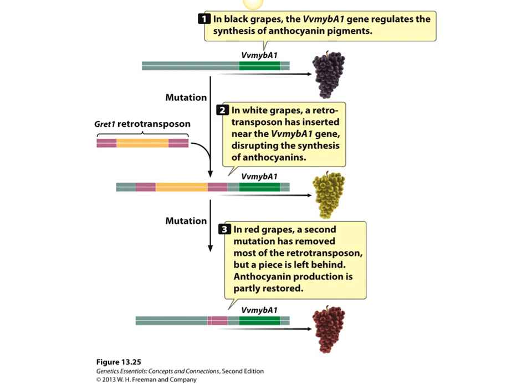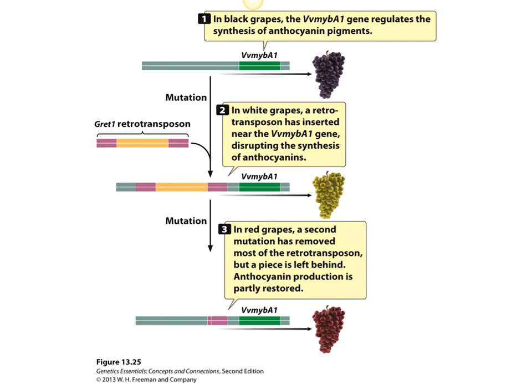But a transposable element, or transposon, inserted near the gene and interrupted the expression of that gene, and you get green grapes. But then if the transposable element excises or cuts out of the chromosome and leaves, you end up with a piece of the transposable element that's sort of interrupting the expression of this gene, so you get some expression of the pigment but not the full black color, you get the red.